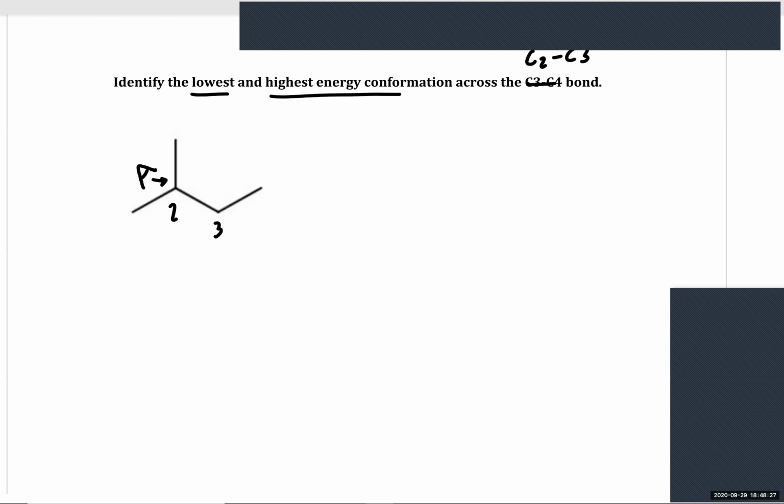So I'd like you to draw out your proposed Newman projections for the lowest and highest energy conformation across the carbon-2 and carbon-3 bond. We'll discuss this example in about 5 minutes, but I'd like to see multiple proposed Newman projections for the lowest and highest energy conformations.